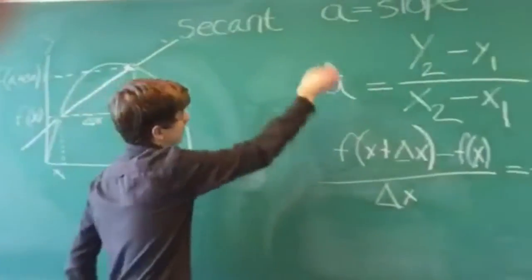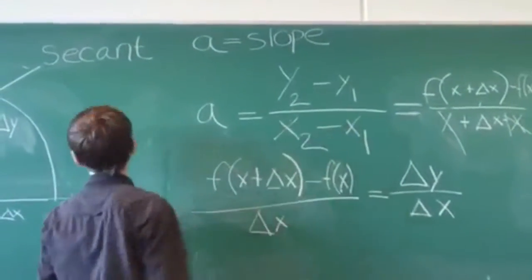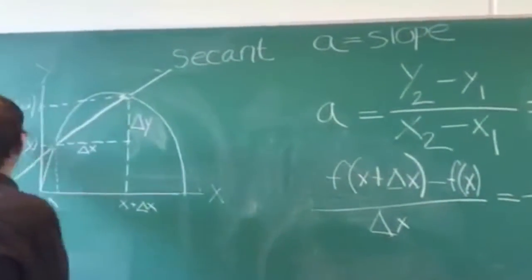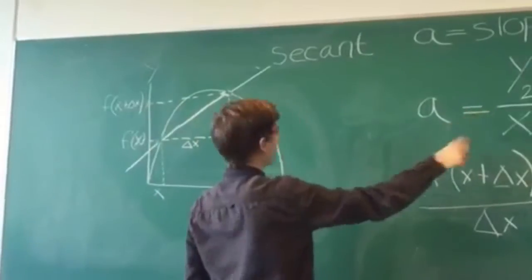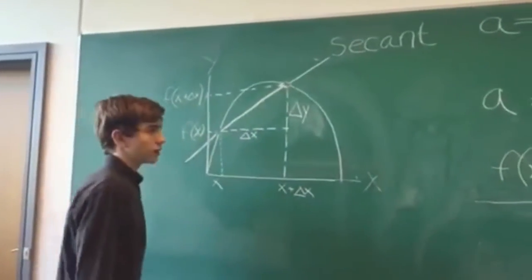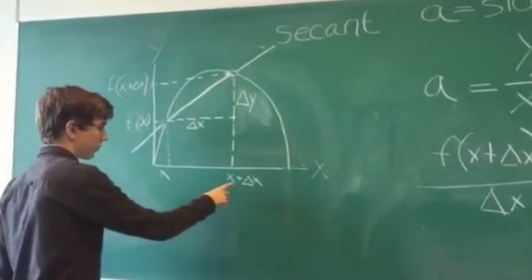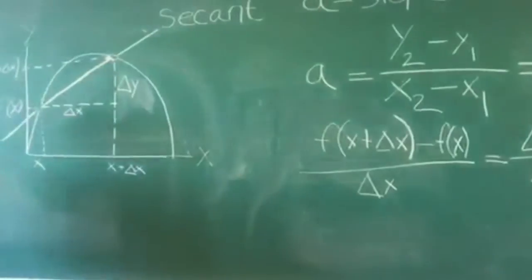The way we find the slope, a, is by using this general formula for the secant, where we have the 4 points: x2, f of x plus delta x, subtracted by y1, f of x, divided by x2, the x plus delta x, subtracted by x1, x.